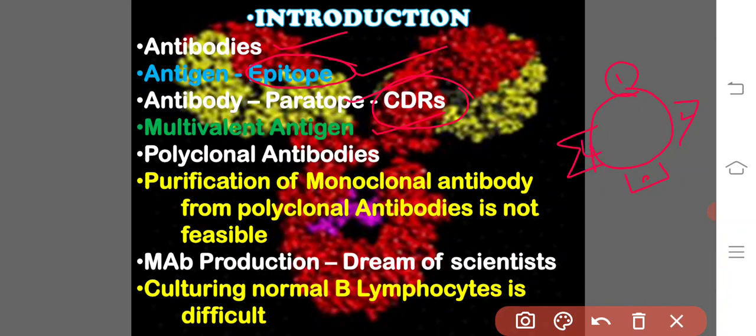In response to a multivalent antigen with different epitopes, B lymphocytes produce many different antibodies. All these types of antibodies which can interact with the different epitopes on a multivalent antigen are said to be polyclonal antibodies.